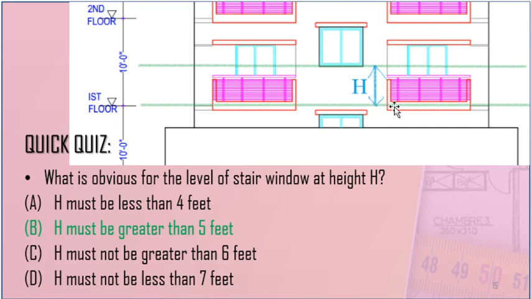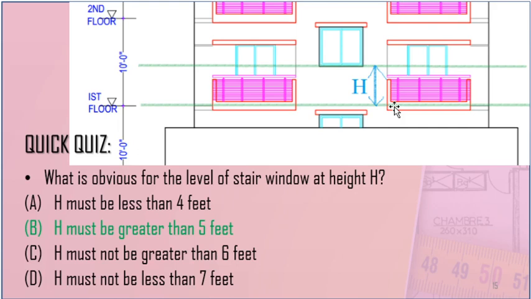So half of the floor height means 5 feet, and the window must start at least greater than 5 feet above the first floor.